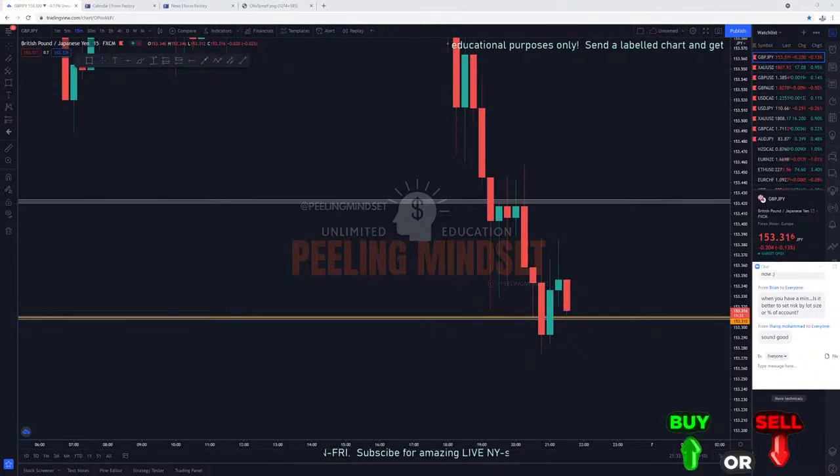So the current 15-minute candle is still bearish. Looks like we are going to push down here with volume. Let's see. Pre-New York volume. Is it going to push the prices down, or what's happening?